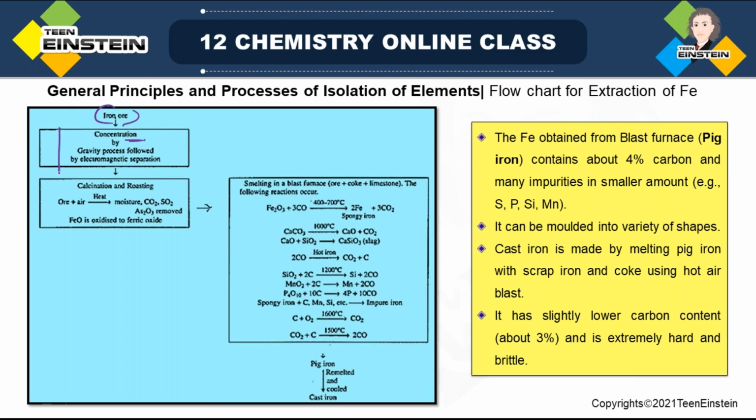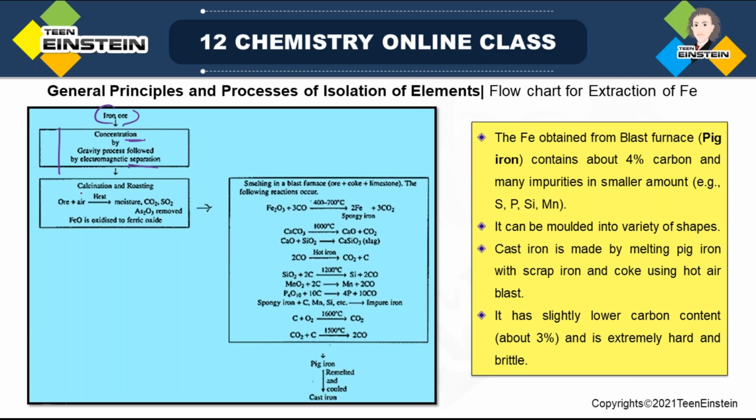Concentration is done here by the gravity process followed by electromagnetic separation. Remember, under the concentration topic there are different methods, and as iron is attracted towards a magnet, we can do the concentration step by electromagnetic separation.